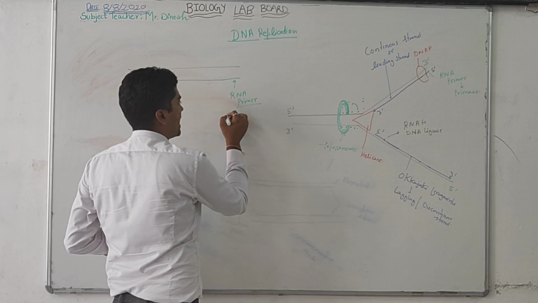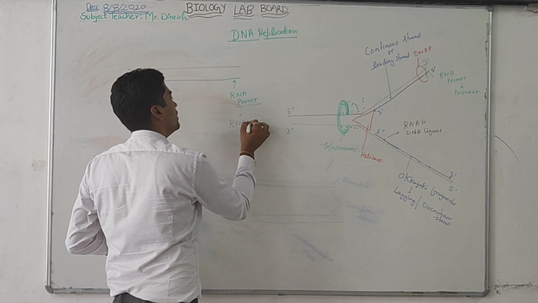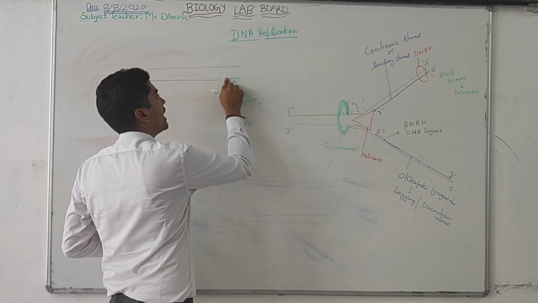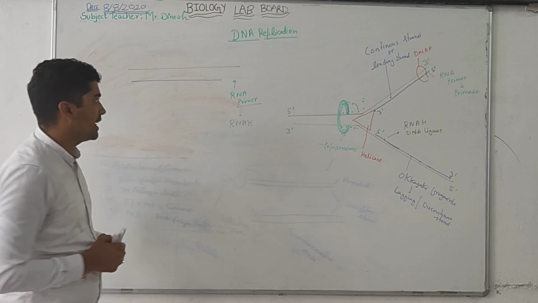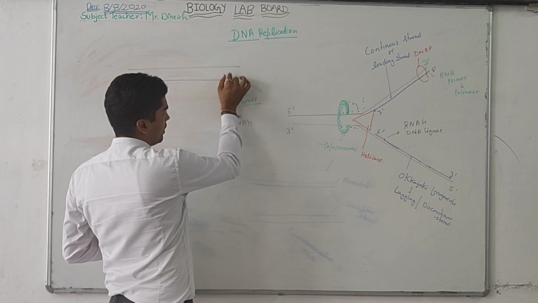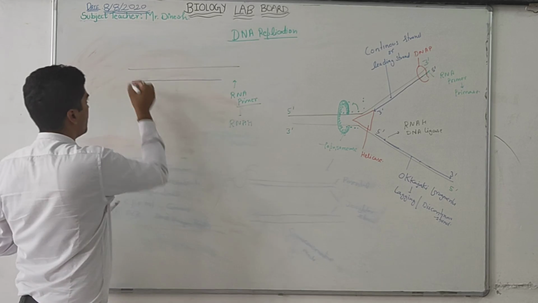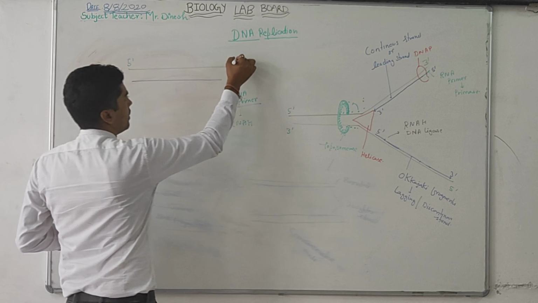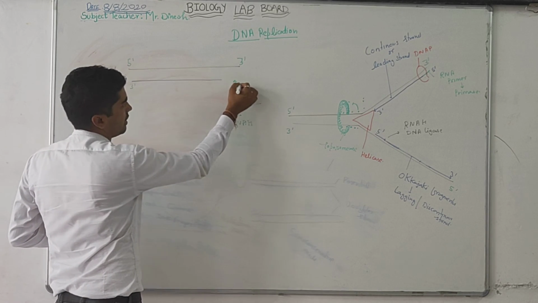So the RNase H enzyme will remove this primer. But now, how can we add this sequence? This sequence is complementary to this second segment. When this is 5' to 3', then this is 3' to 5'.